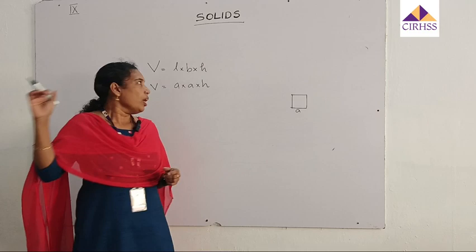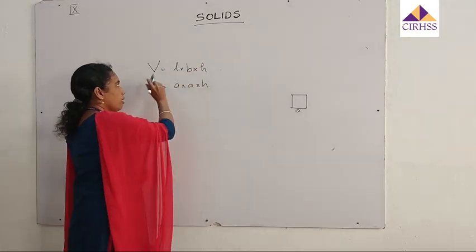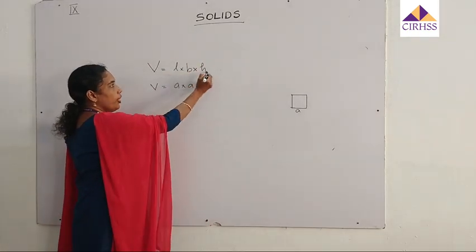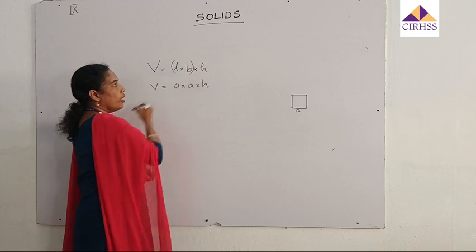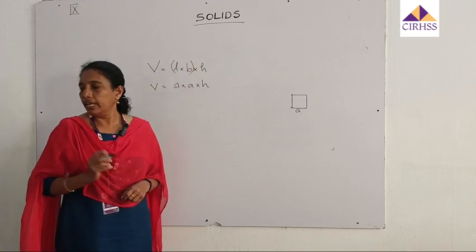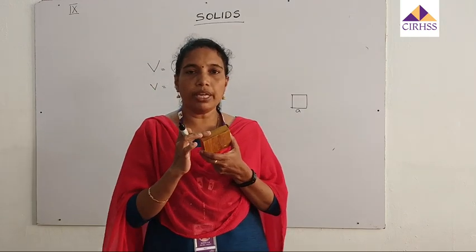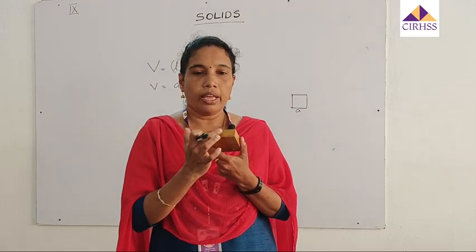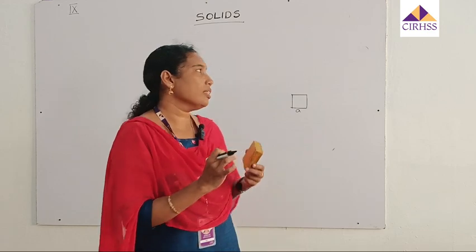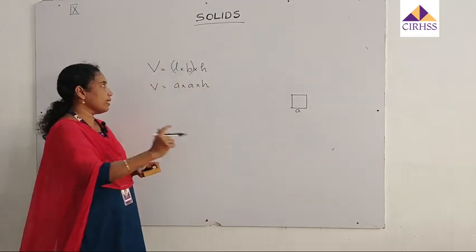Now listen, in this rectangular prism, L into B into H. What is L into B? The product of L and B is the area of a rectangle.